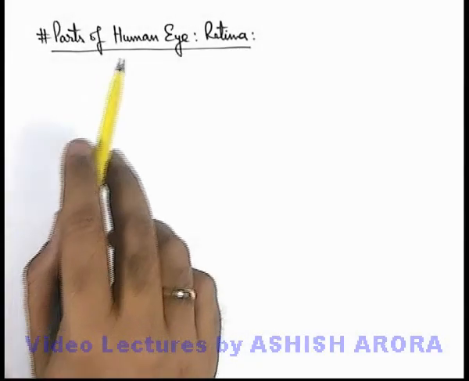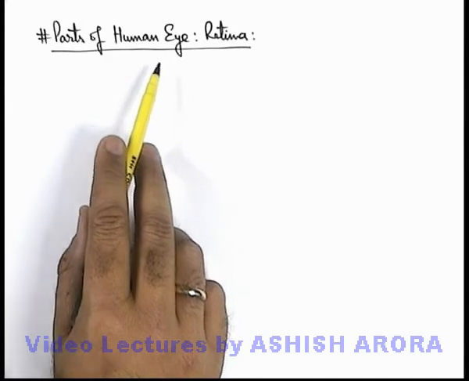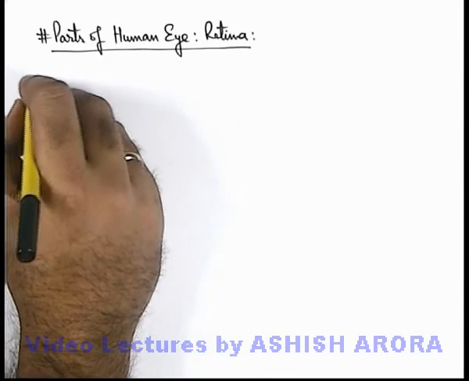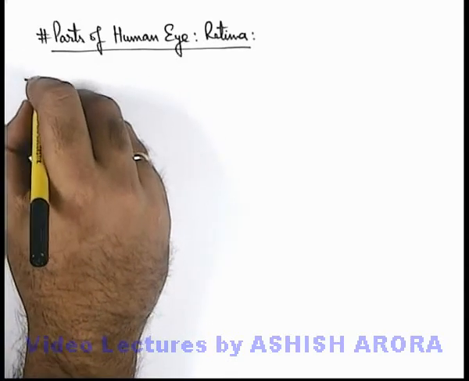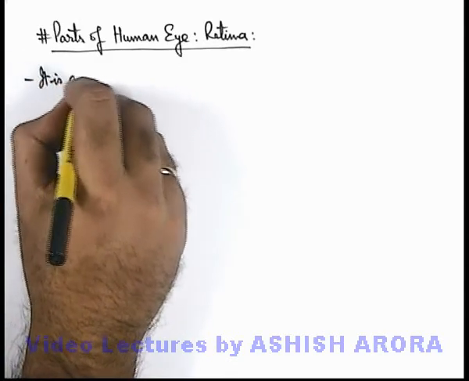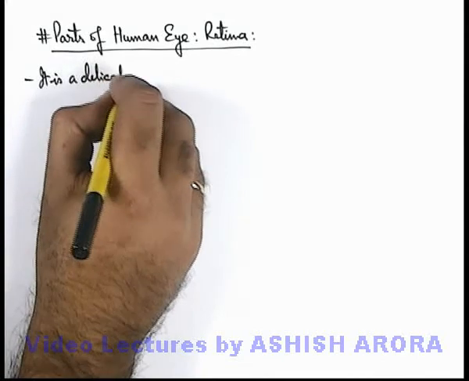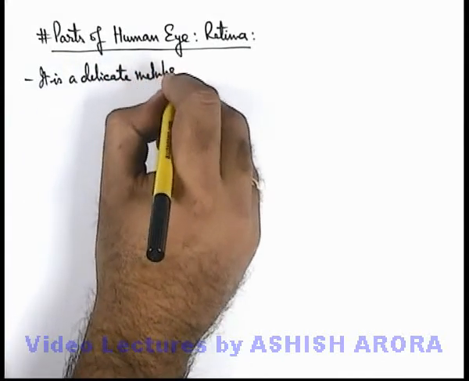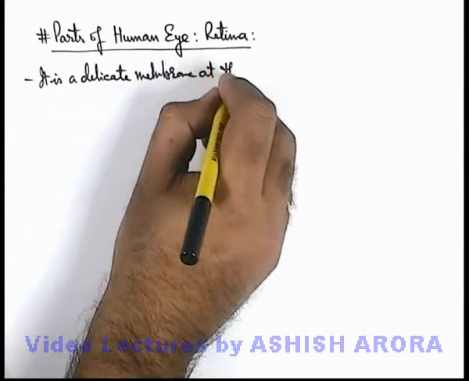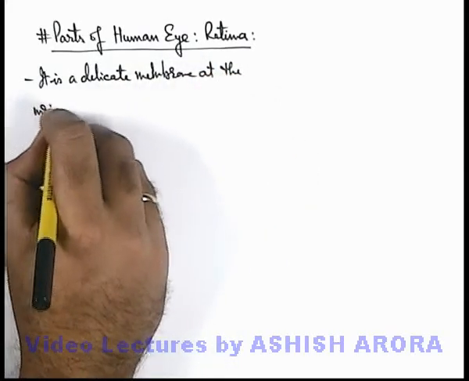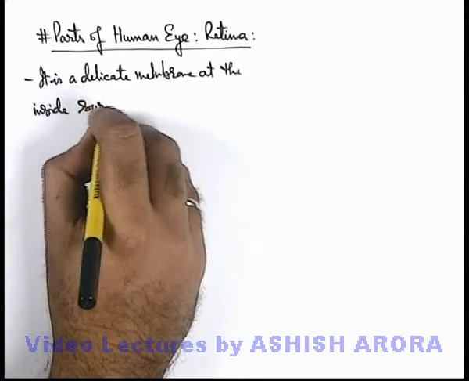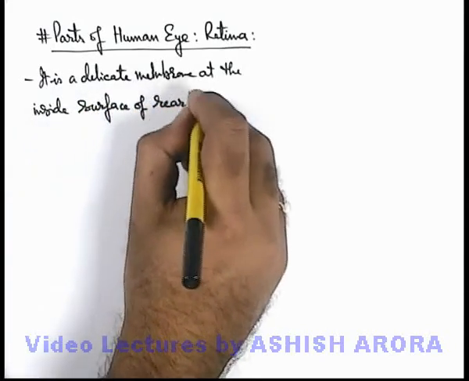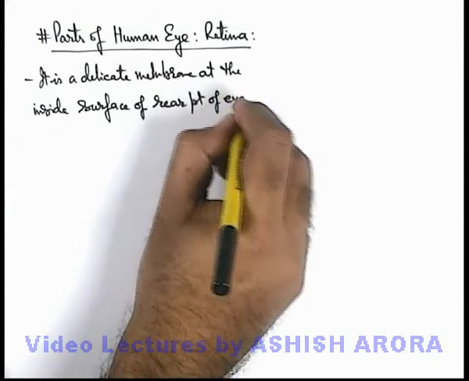The last part of the human eye, at the end of the eyeball, is what we call the retina. We already studied in the beginning that it is a delicate membrane at the inside surface of the rear point of the eyeball.